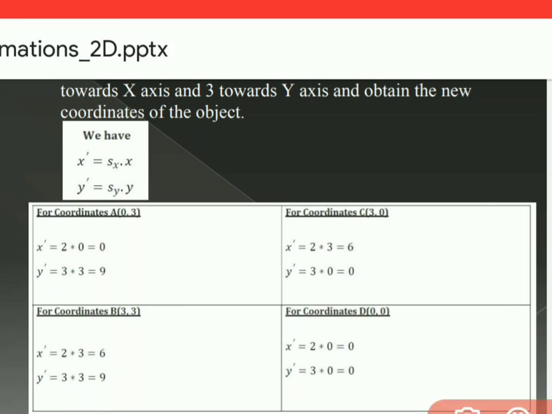Again I am going to use the algebraic notation, x dash equal to sx into x, y dash equal to sy into y. By using these equations, we will find the new coordinates of the points A, B, C and D.